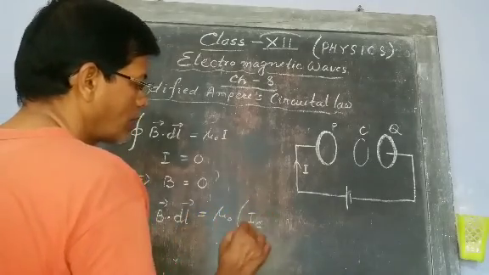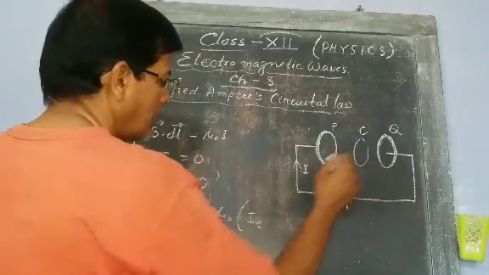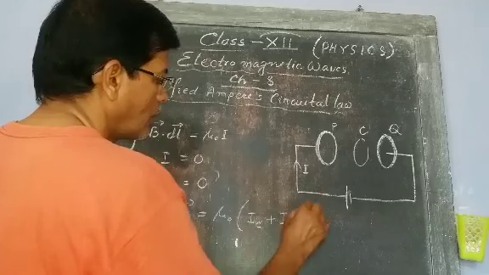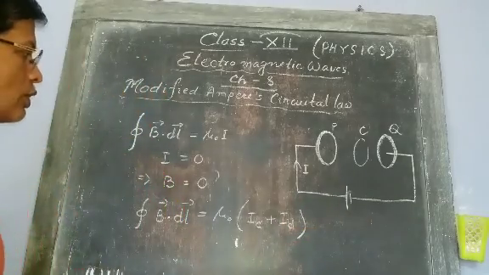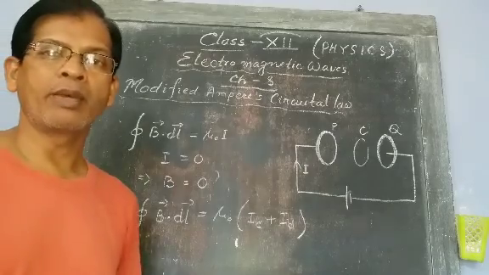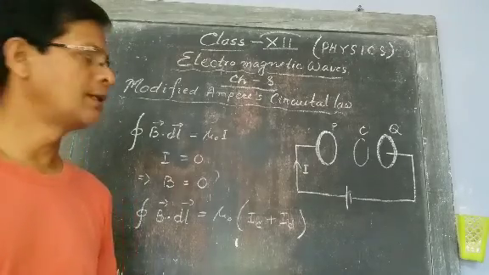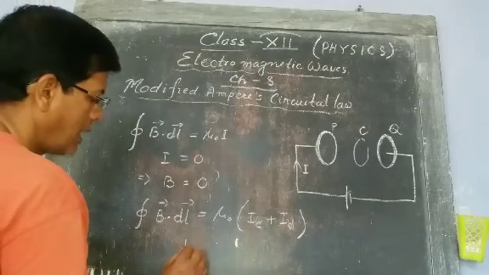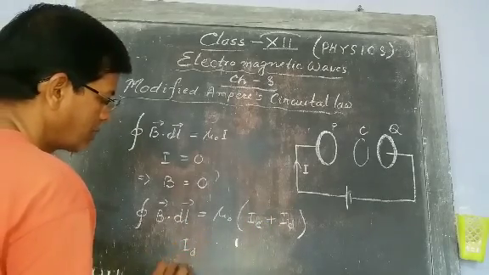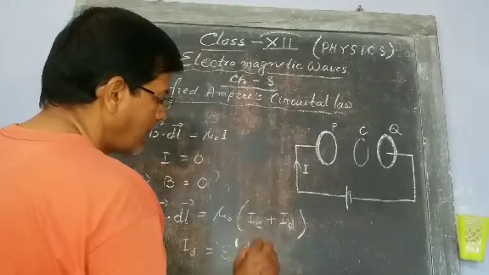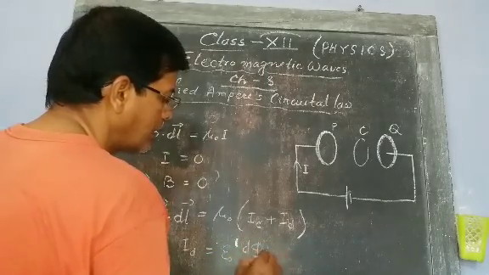So this law is modified in this form: IC, the conduction current, plus ID, the displacement current. This law is modified by the scientist Maxwell. Now what is ID? ID is the displacement current. ID is epsilon naught d phi E by dt.